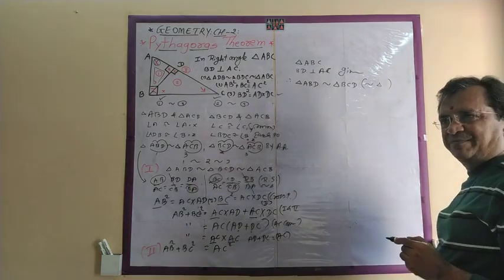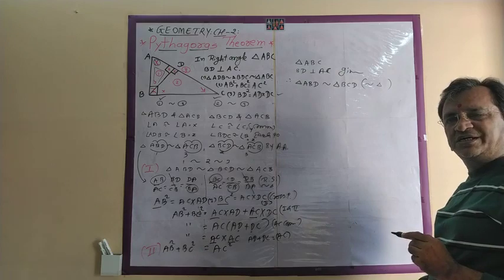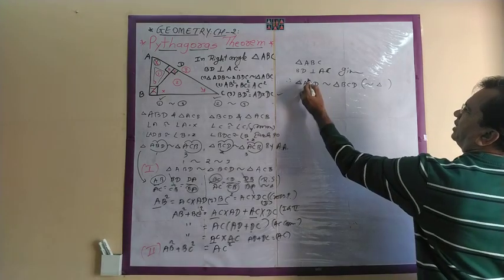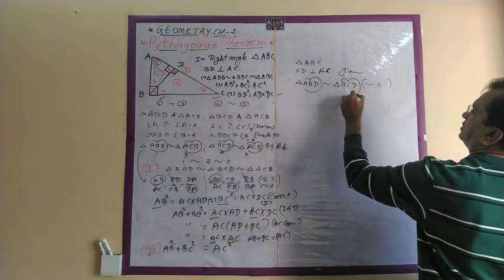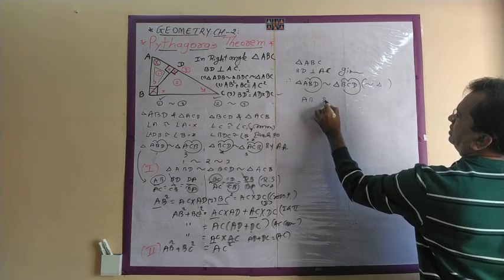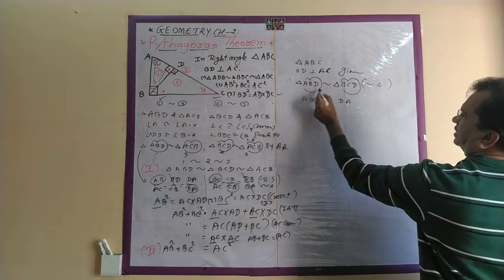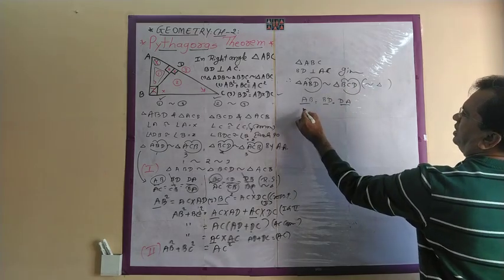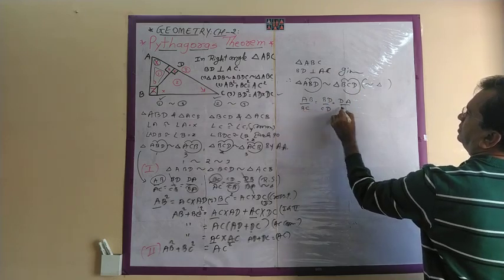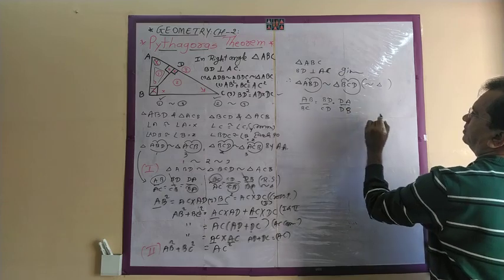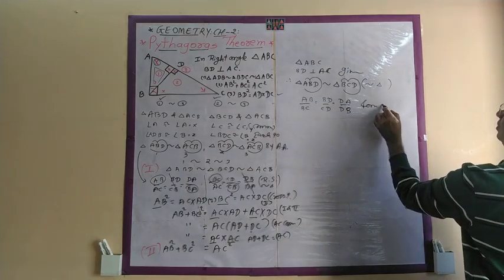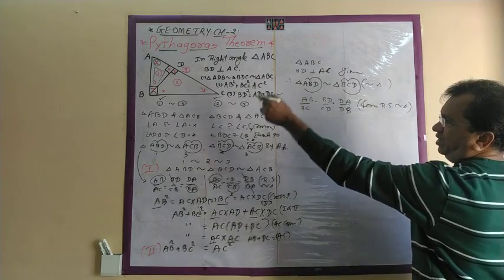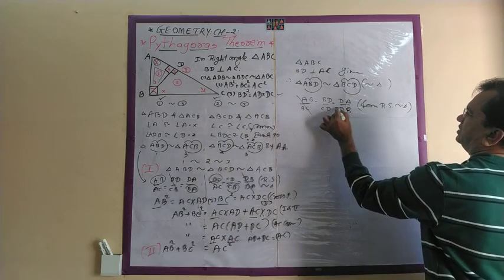If a perpendicular is drawn on the hypotenuse of a right angle triangle, all three triangles are similar to each other. From that I have taken two triangles that are similar. Again, first, second, third, first. Means AB, BD, DA. BC, CD, DB. From ratio of sides of similar triangles. Now I want BD square, so I will cancel this.